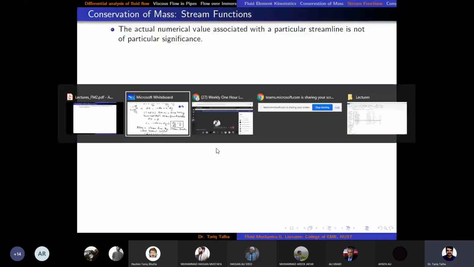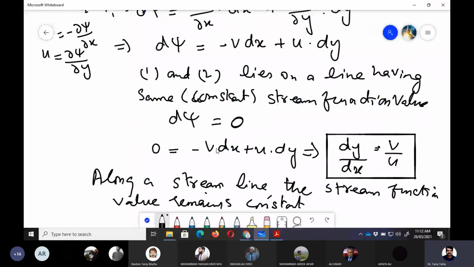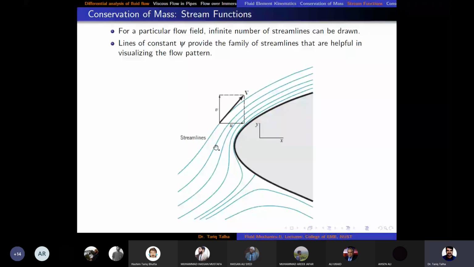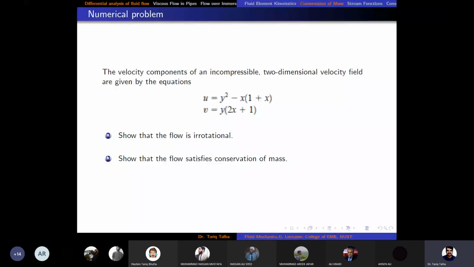Okay, before we move further, I missed a numerical which I should have done for the continuity equation, so let me do it and then we move forward. The velocity components of an incompressible two-dimensional flow field are given by u is equal to y square minus x (1 plus x), v is equal to y (2x plus 1). We need to show first that the flow is irrotational, and second that it satisfies the conservation of mass.